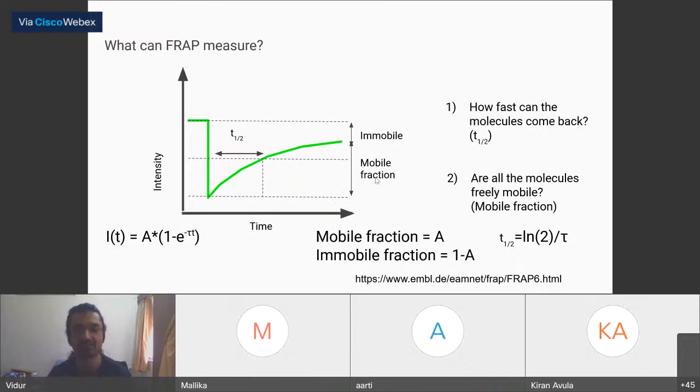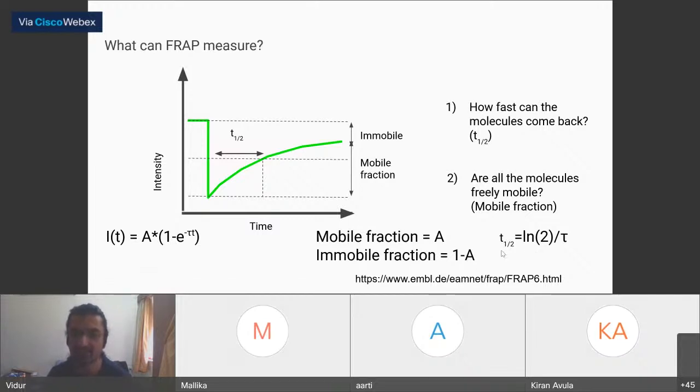What A denotes is the fraction up to which the fluorescence recovers post photobleaching, which is termed as the mobile fraction. This can be imagined as the percentage of molecules that can freely diffuse within the cell and which aren't bound to anything inside. And the immobile fraction is the one which is bound to something and cannot freely diffuse within the cell.